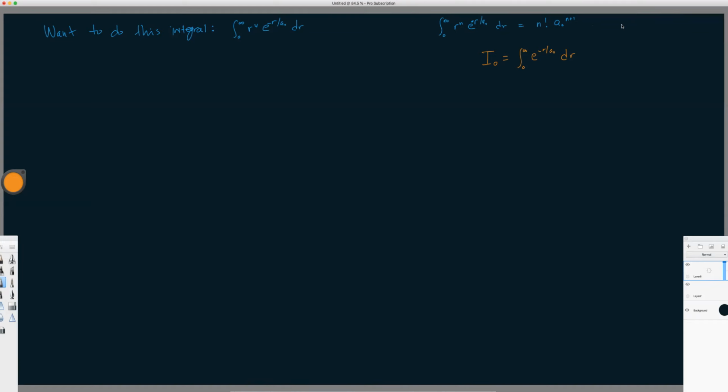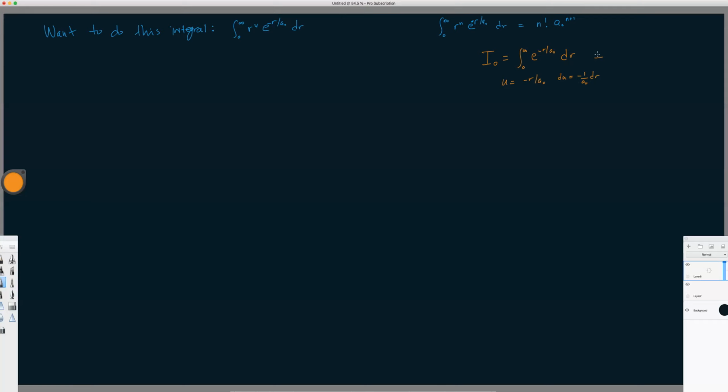So to do this integral, we make a u substitution right here. So let's say u is minus r over a naught. So du is equal to minus 1 over a naught dr. That means that we can replace dr with minus a0 du.